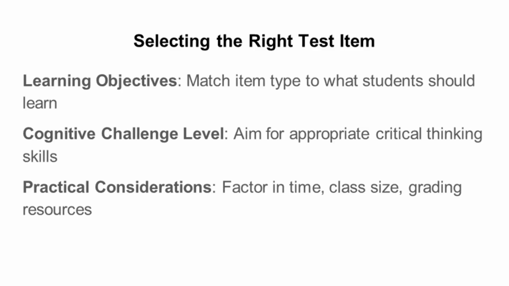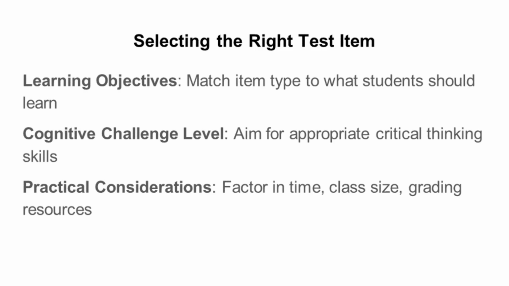Now, it's a very difficult task selecting the right test item. Here are the key factors to consider when choosing the best test item type for your assessment. Learning objective. Align the test item type to the desired learning outcome.